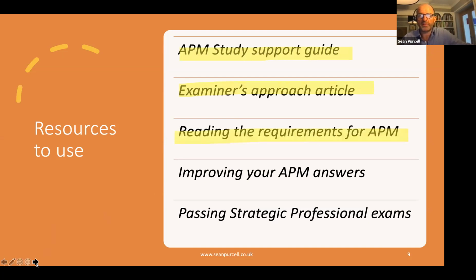We need to look at the resource on reading the requirements. How can we improve our APM answers? And then a more general one, how do we pass strategic professional? Really the way we pass strategic professional is using the techniques that I've been saying to you already. It's applied. Think about the workplace. How would I behave in the workplace?